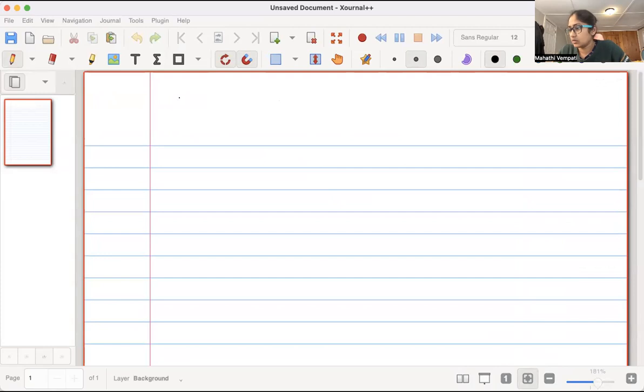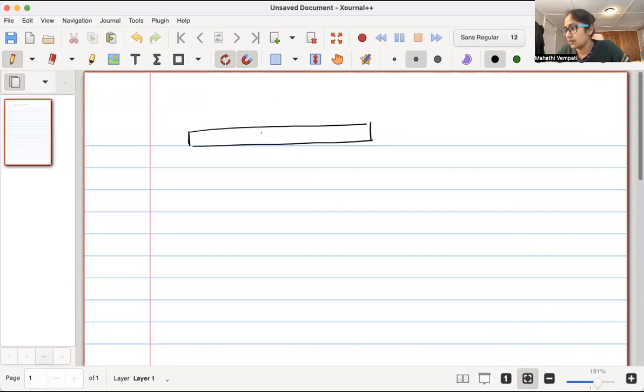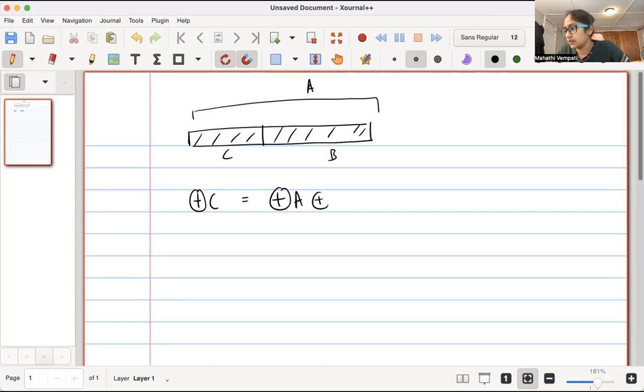So XOR is one operation where if this whole part is A and this part is B and this part is C, then the XOR of all the elements in C is equal to the XOR of all the elements in A XOR the XOR of all the elements in B, right?